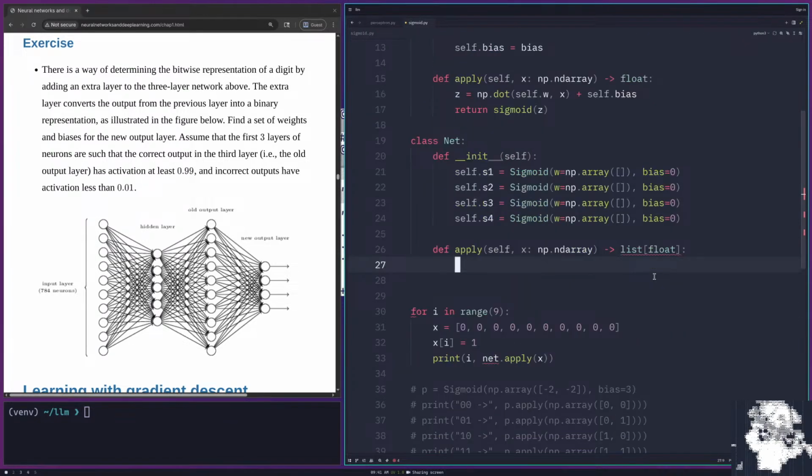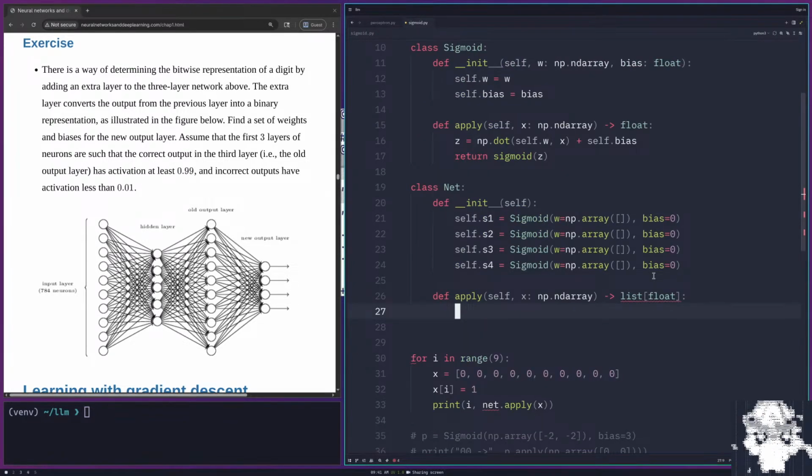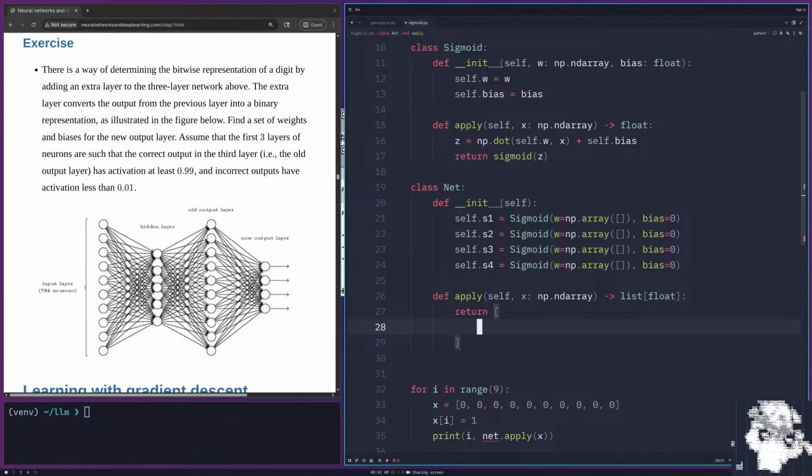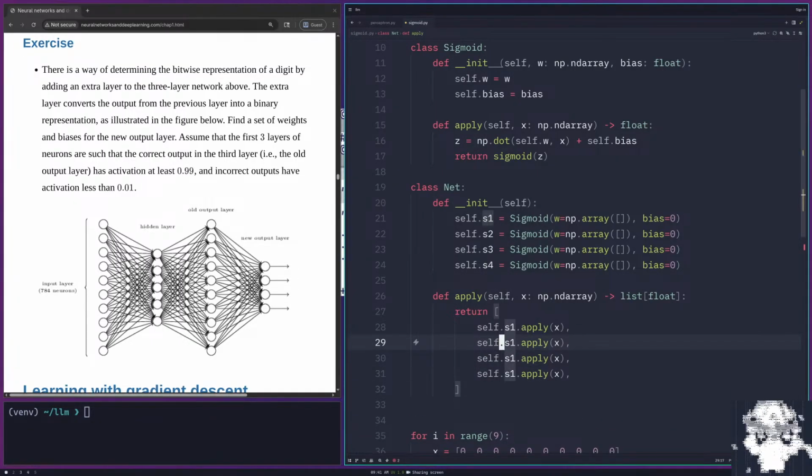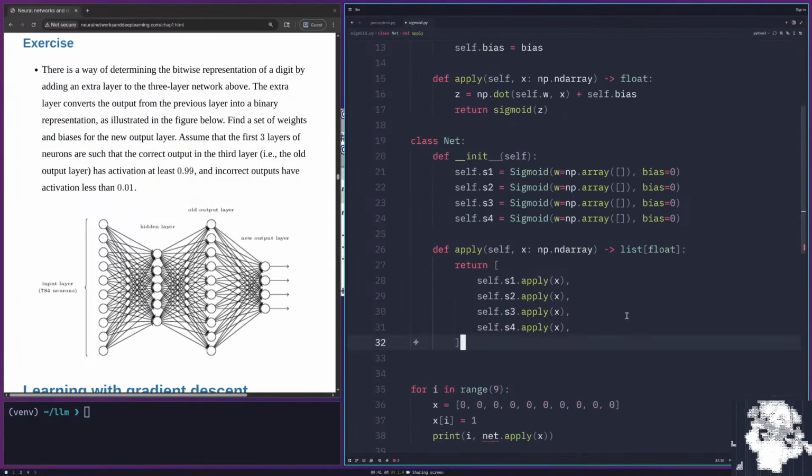When you apply, you just return self.s1.apply(x). Okay, we're just doing this.